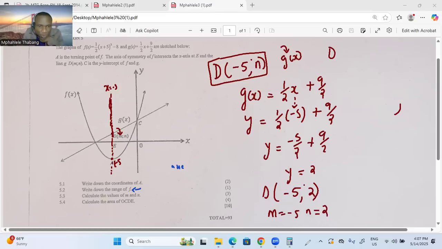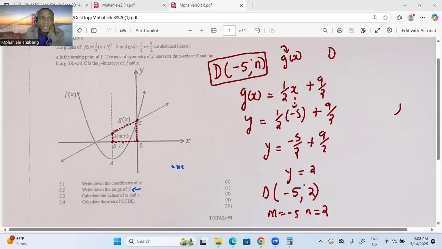So now the last question: calculate the area of OCDE. Wow. The area of OCDE. OCDE is a trapezium. A trapezium is a geometric figure which has a pair of parallel lines.